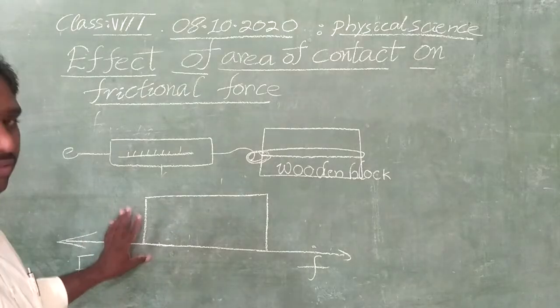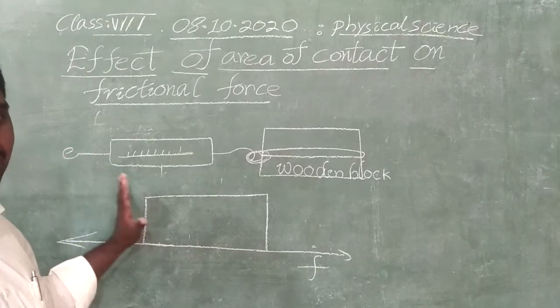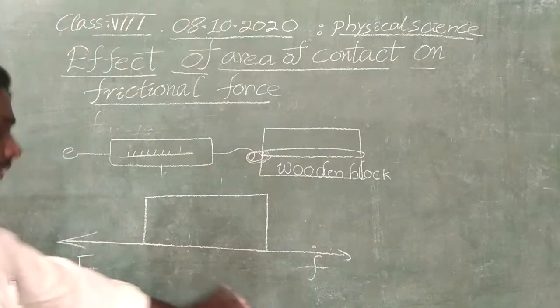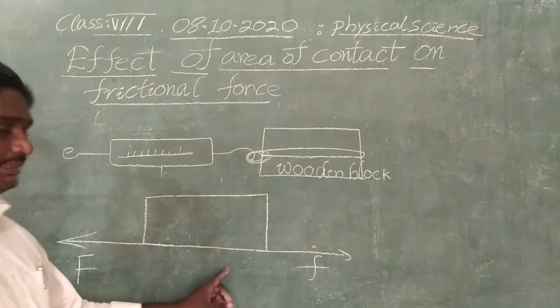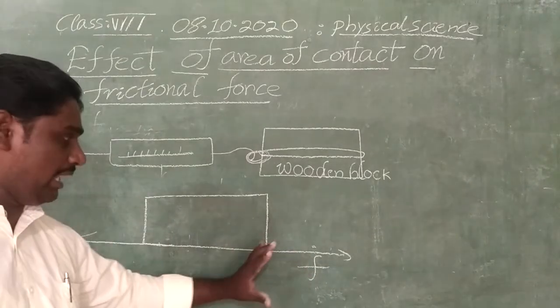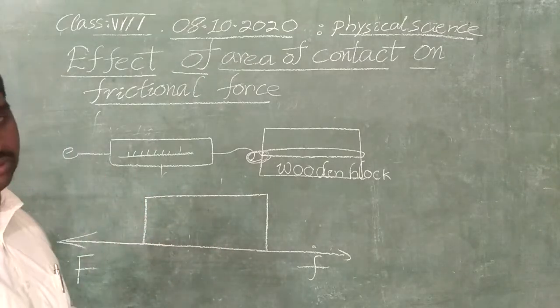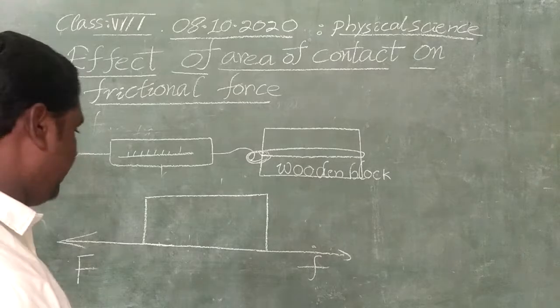Okay, when does this wooden block just begin to move? When both are equal. When the applied force becomes greater than the frictional force, the wooden block comes into motion.